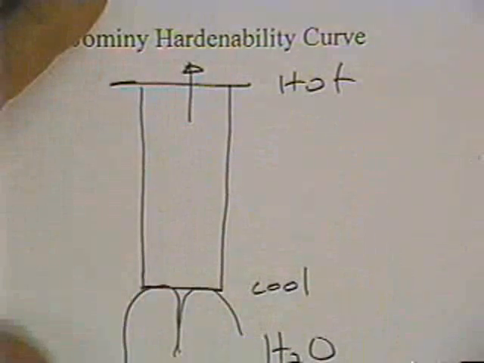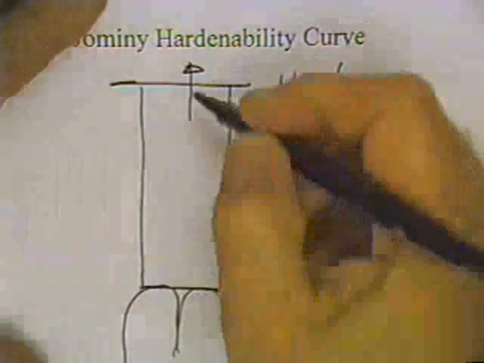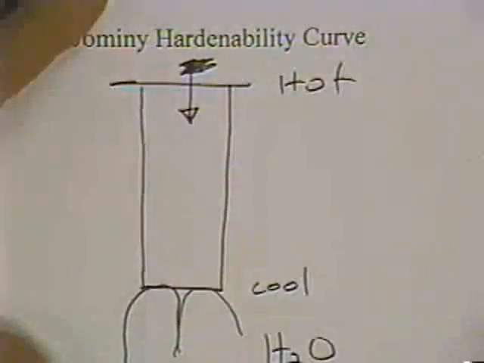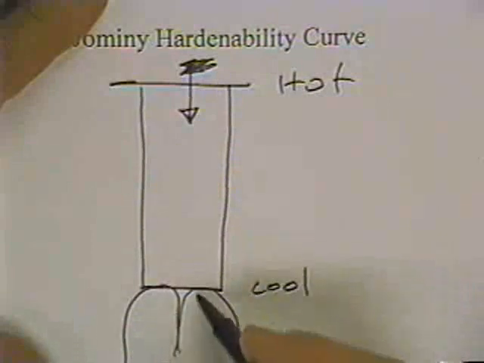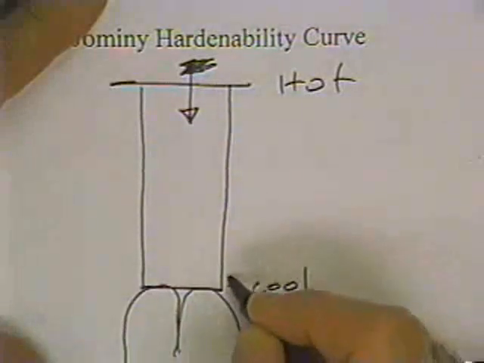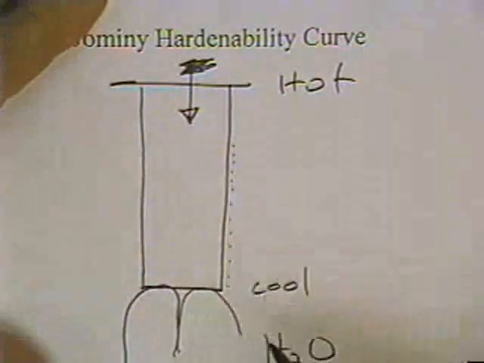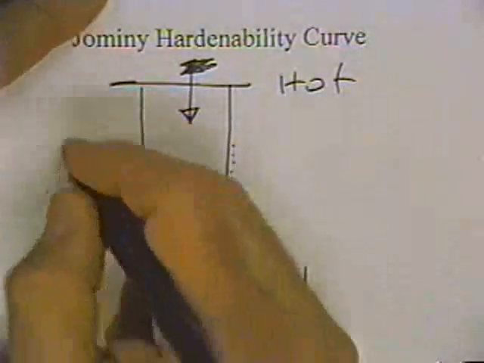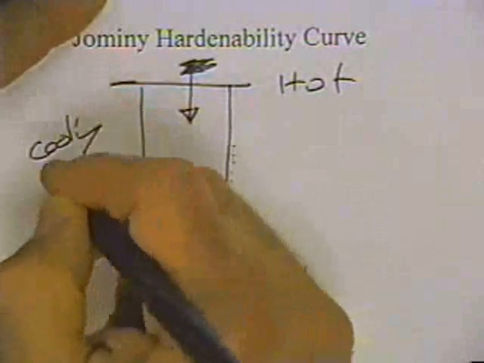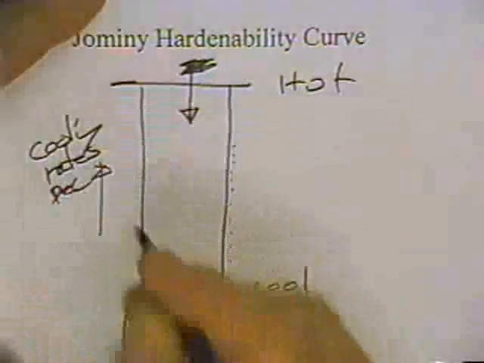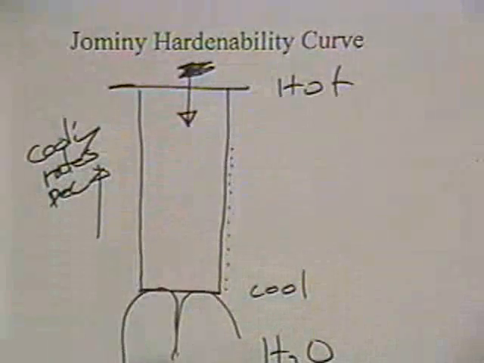The heat got the arrow going the wrong way. The heat is drawn out of the material, and the Jominy curve measures the hardness as you go back from that water-cooled end. So the cooling rates decrease as you go away from the water-cooled end.